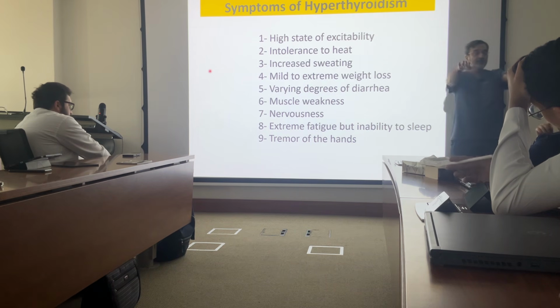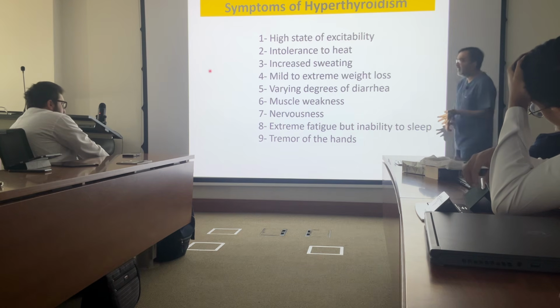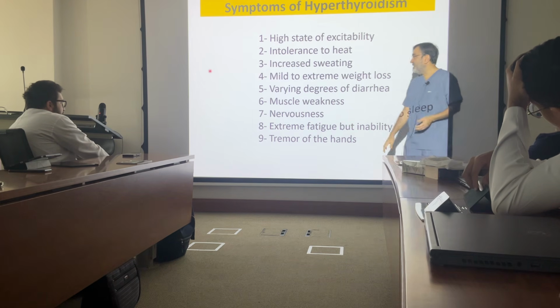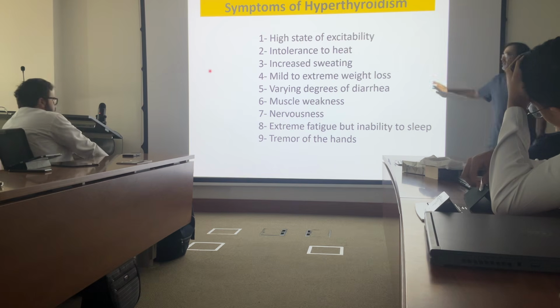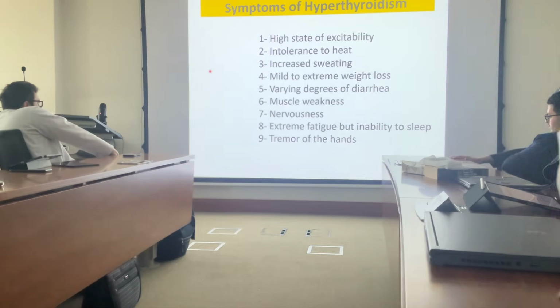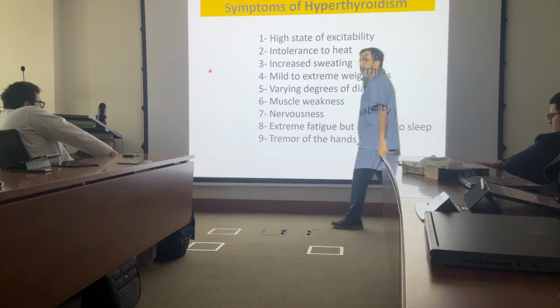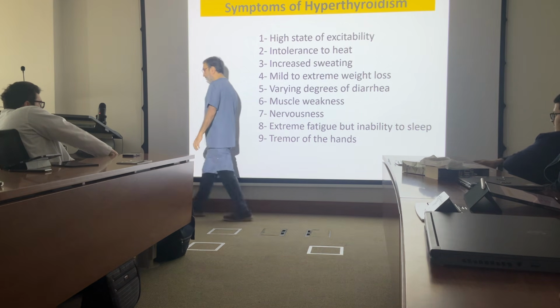You put their hands out like this, put a paper on top, and they have very fine tremors. So they have tremors in the hand, high excitability, intolerance to heat, sweating, mild to extreme weight loss, diarrhea, inability to sleep or insomnia. These are the symptoms of hyperthyroidism.